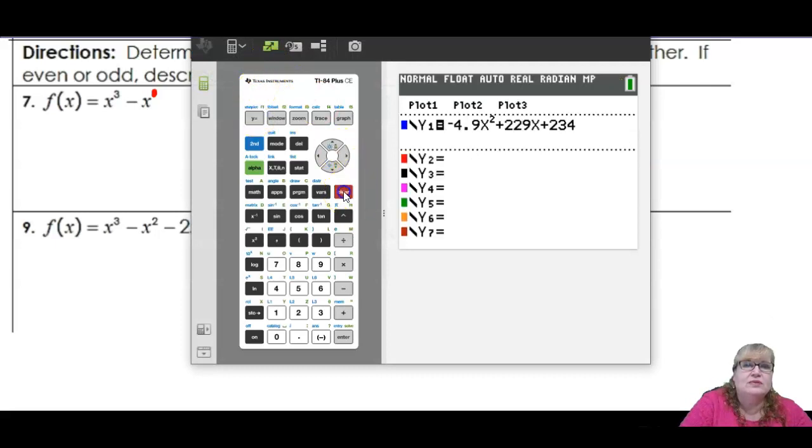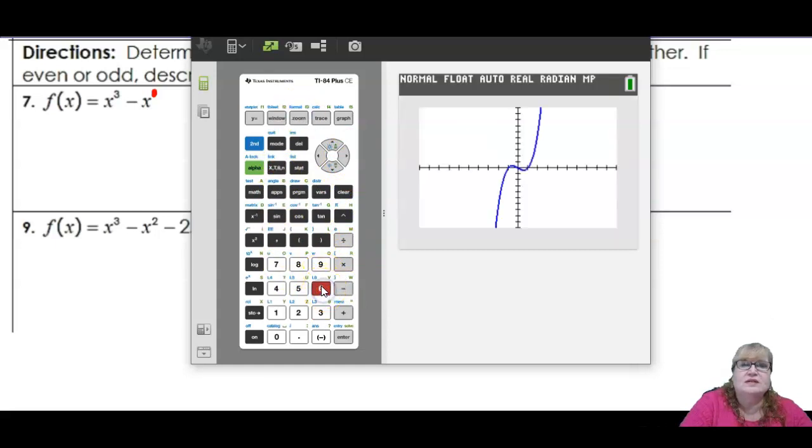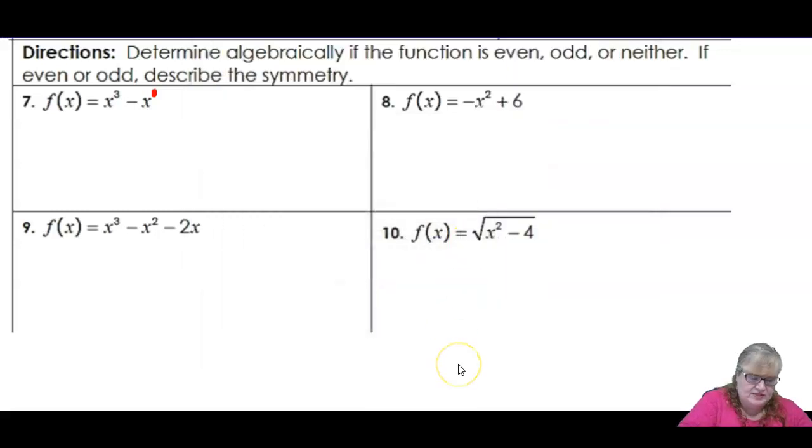If I go to y equals and I type in x to the third minus x, and I do a zoom 6, I get this shape. I think this might be one we already tried today, or was it the opposite? This shape does indeed appear to have origin symmetry, so I'm thinking it's odd.